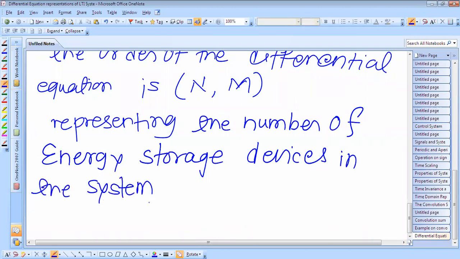If the order is 1, that means there is only one energy storage device in the system.